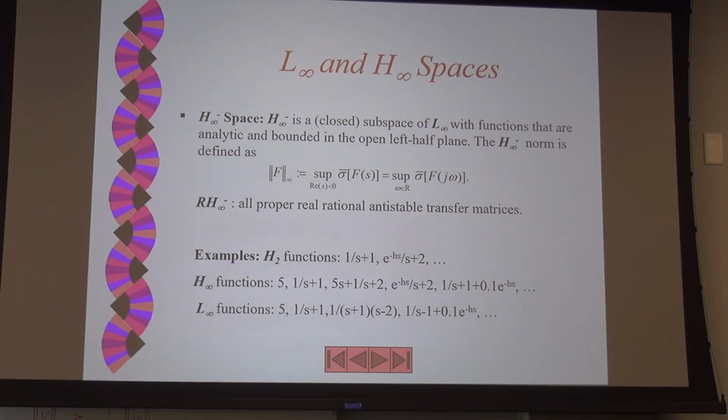And I still believe that we should not include this. This is irrational. So, but somehow they believe this is still rational. Oh, I'm sorry. So it's not RH. Sorry, it's H infinity. Okay, H infinity. It's not RH infinity. Okay, it's not RH infinity.